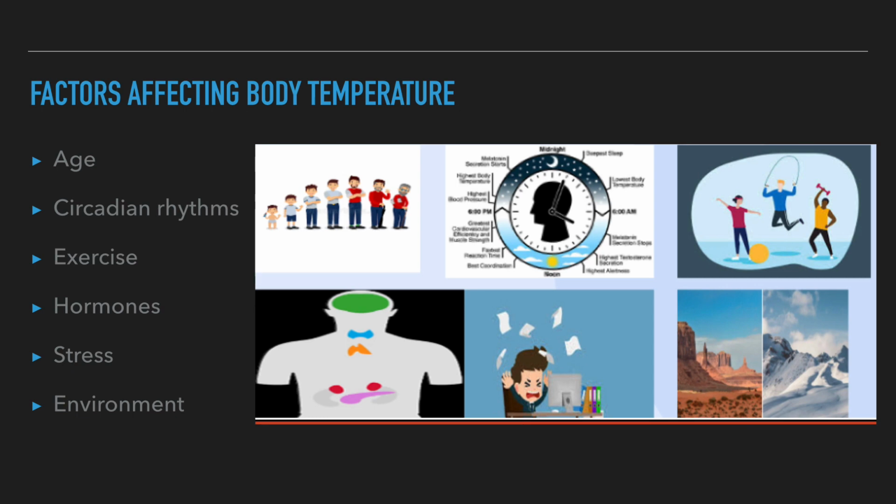Factors affecting body temperature. Understanding the factors that can affect body temperature can help nurses accurately assess the significance of body temperature variations. Age. Newborns have unstable body temperatures because their thermoregulatory mechanisms are immature.